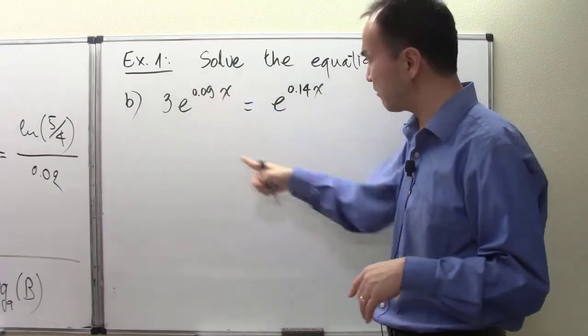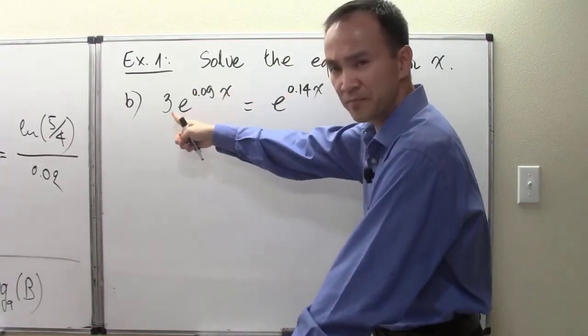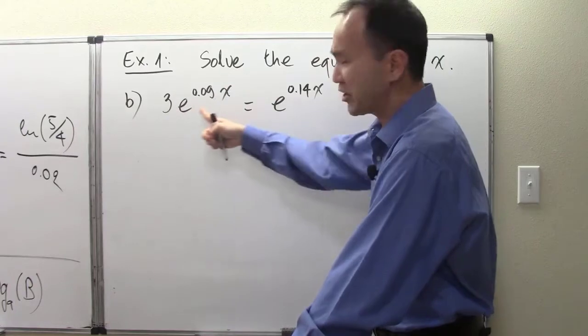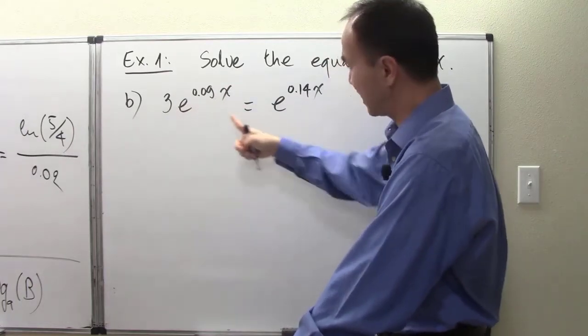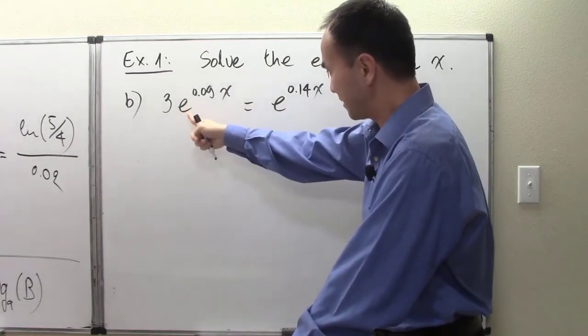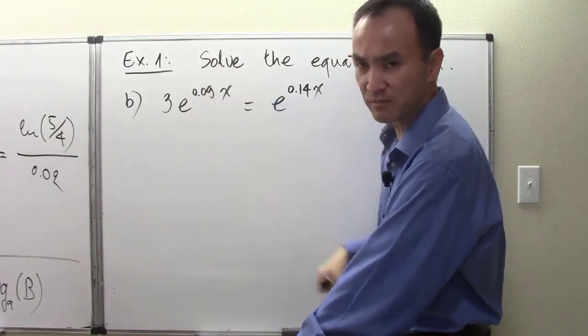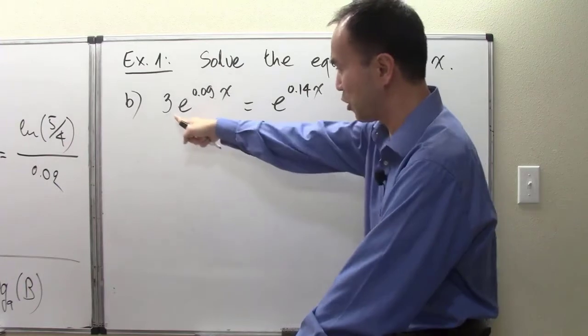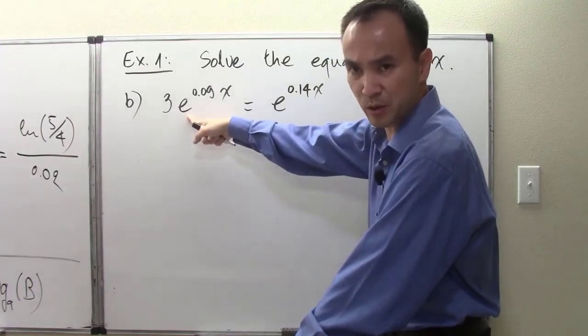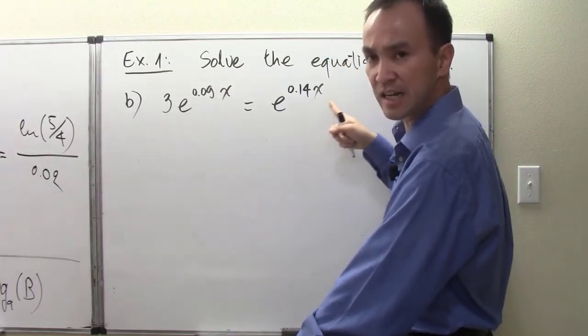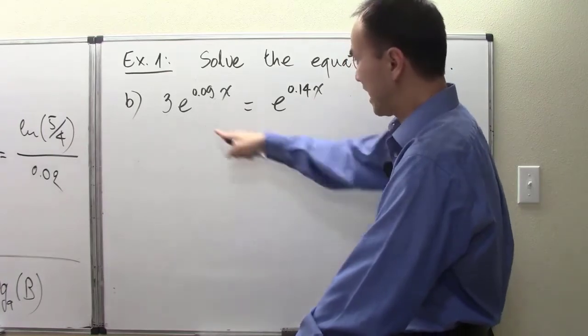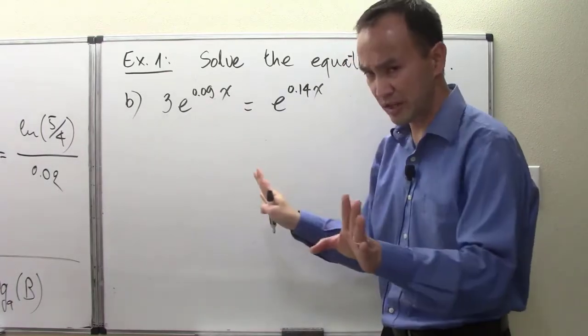So the observation now is that we just have 2 exponential terms on both sides, and we have no constant terms involved. Good thing we have no constant terms involved. It's just a coefficient with one exponential term, and on the other side another exponential term. Having equal bases here is not really important.